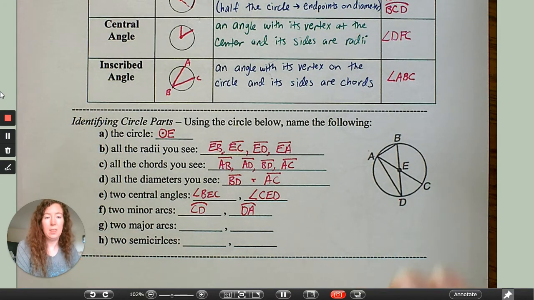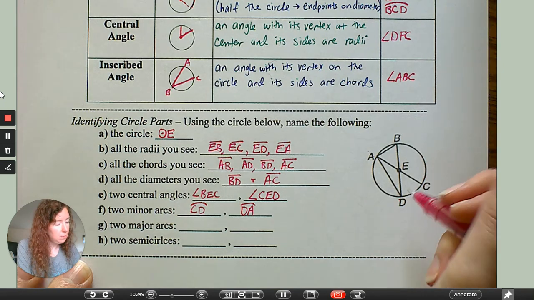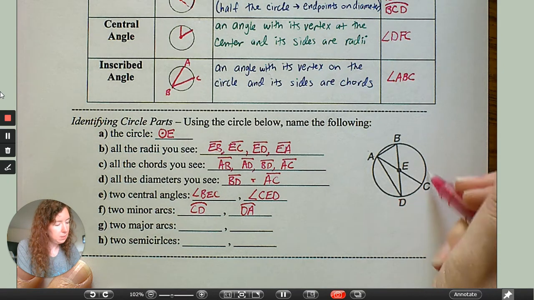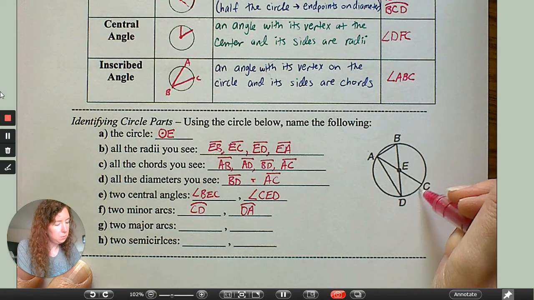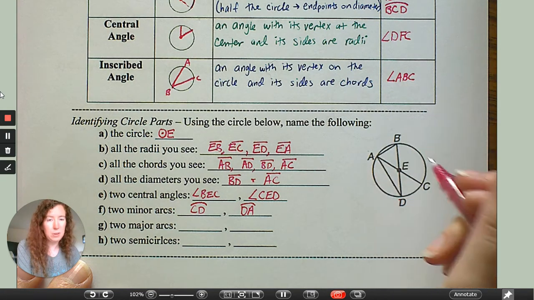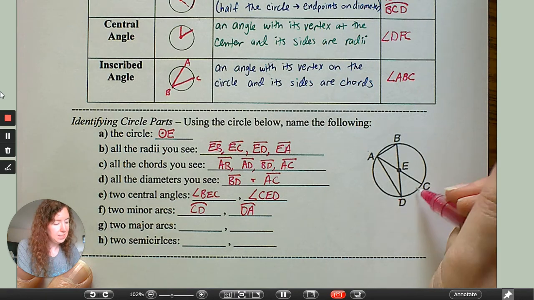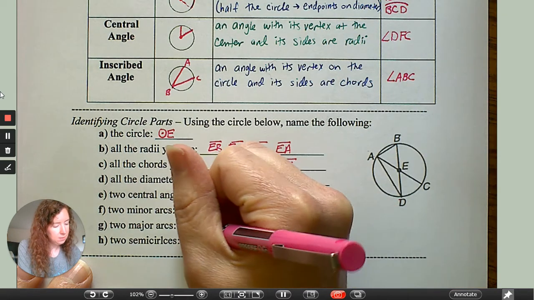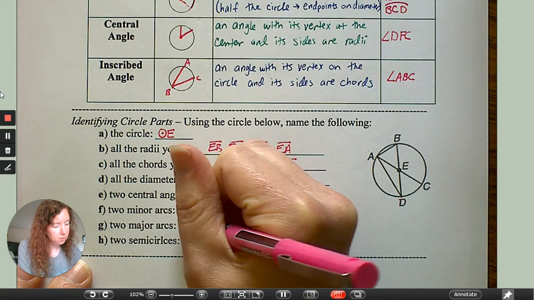Major arcs, again, lots of options. Now it's got to go more than half the circle. So maybe if I want to go, I don't know, D to B is only half the circle. So if I go to D to A, but remember I have to use 3 letters. So I could say DCA. That would work.